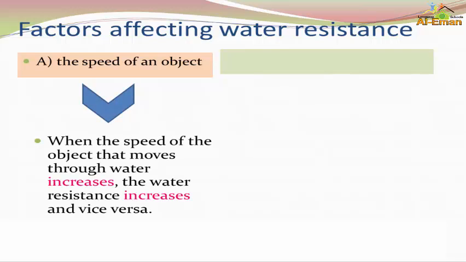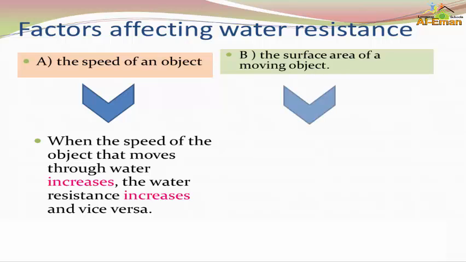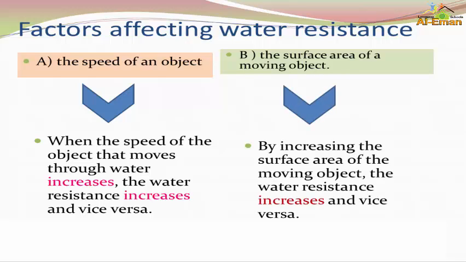When the speed of the object that moves through water increases, the water resistance increases and vice versa. Number B. The surface area of a moving object. By increasing the surface area of the moving object, the water resistance increases and vice versa.